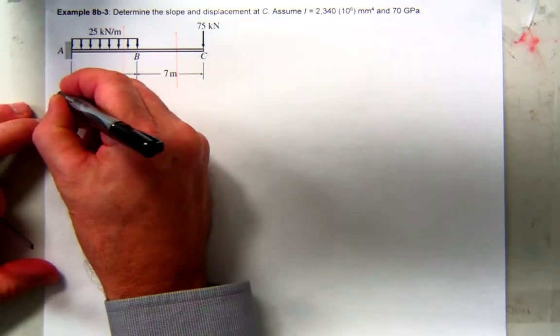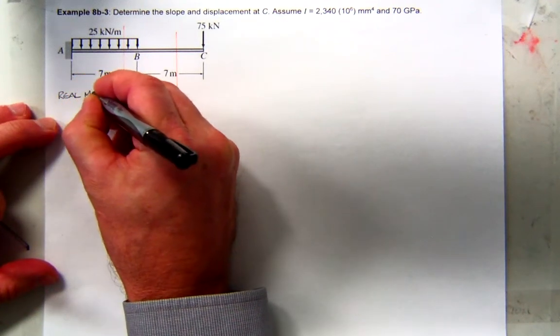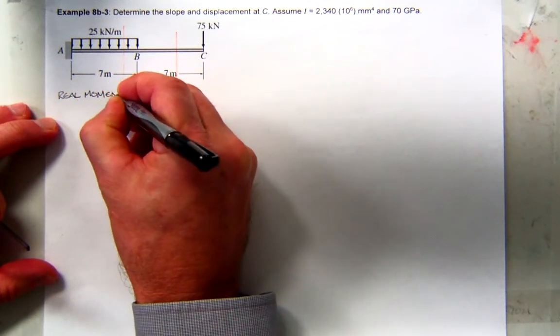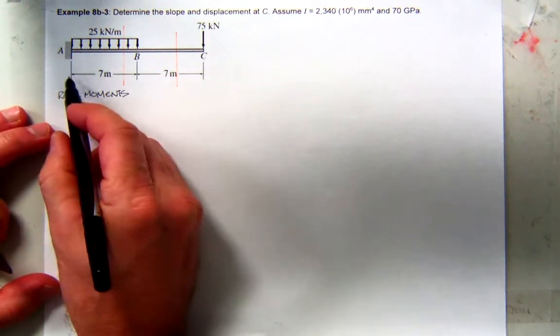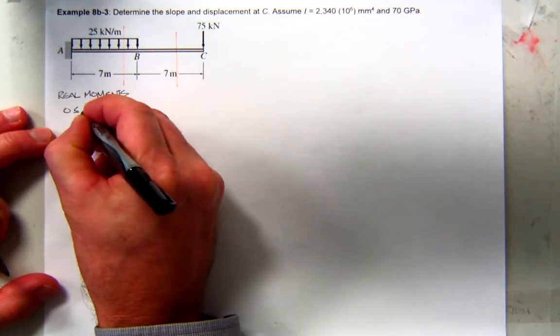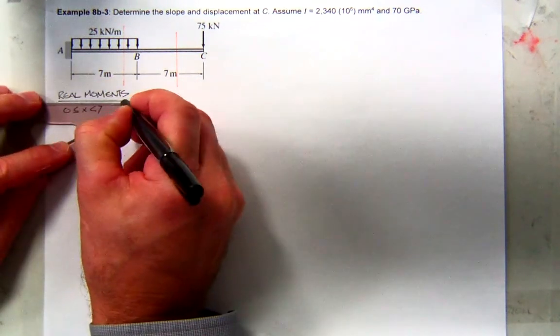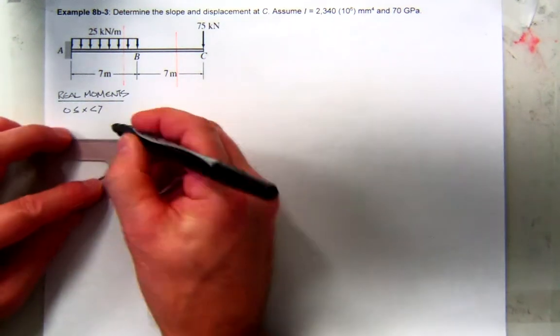So the first thing I'm going to do is find the real moments. The first one's going to be between 0 and 7. And I'm going to cut it here and work the right-hand side.